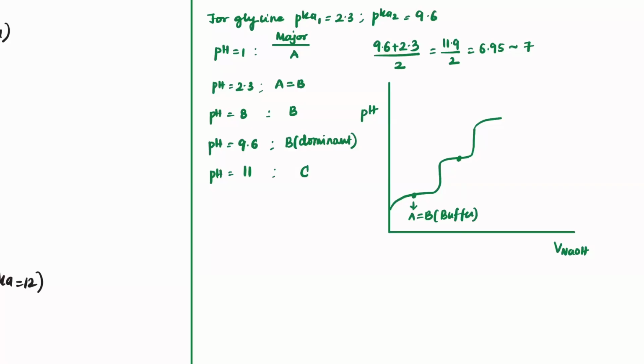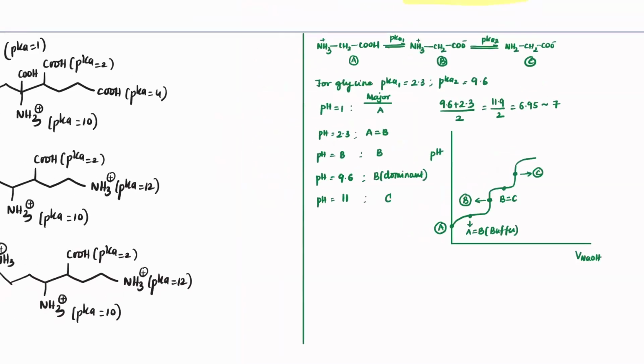Similarly, this is also a buffer solution when B is almost equal to C. This is the point where B is equal to C. And this is the pH where there is only B. This is a point where there is only C, and this is a point where there is only A. Please check, these are the respective pH values.